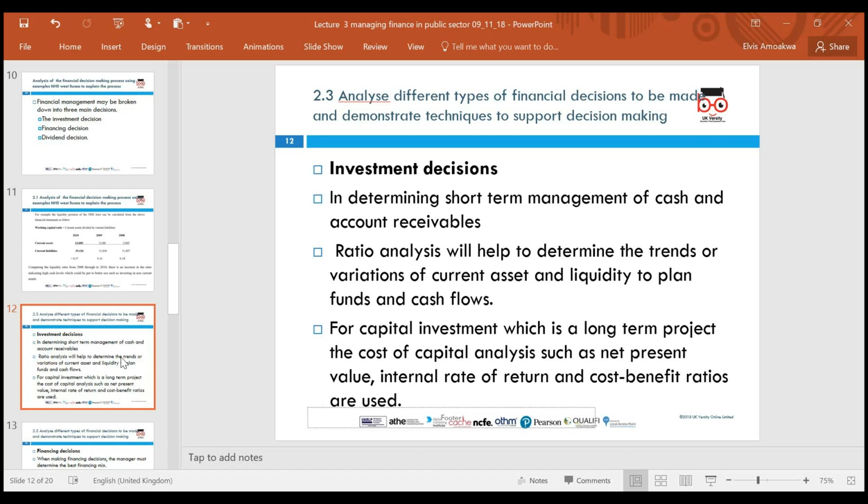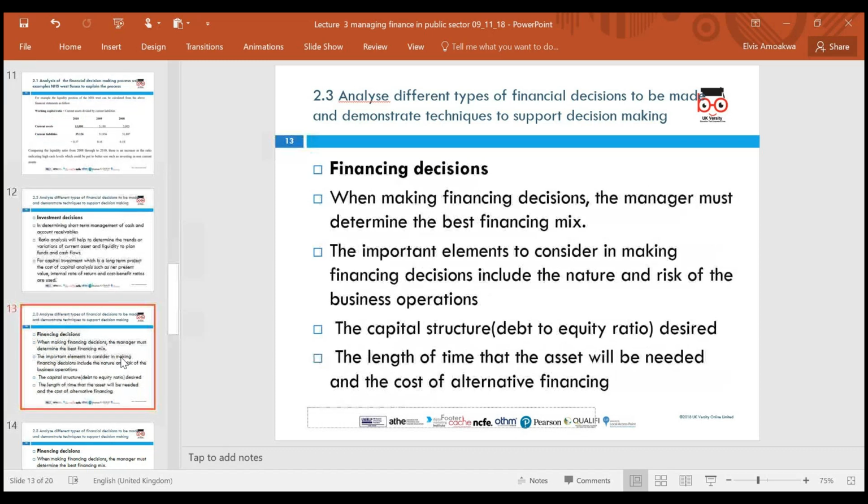Let's look at other decision-making methods. Apart from investment, you can make financing decisions. So the first one was investing. The second one is the financing decision. When making a financial decision, the manager must determine the best financing mix.